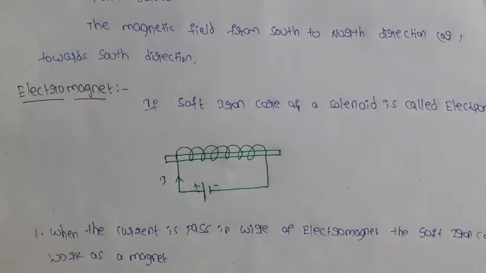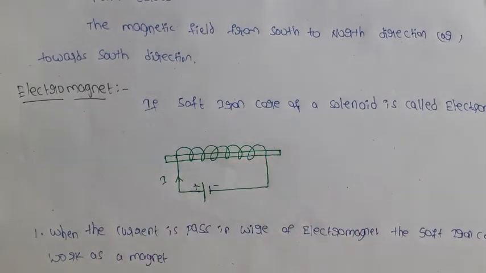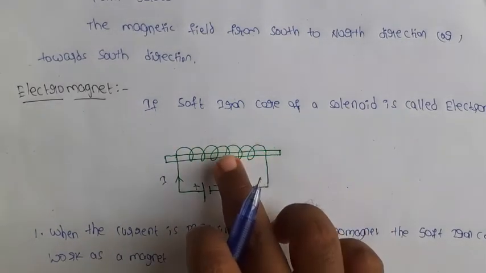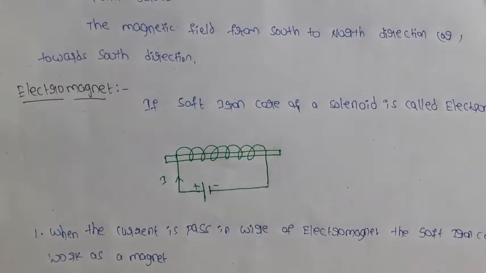This is the first point in electromagnet. When current is passed in a wire, that means in the solenoid of an electromagnet, the soft iron rod present in the electromagnet behaves as a magnet. When current is passed in the wire, then only the soft iron rod behaves like a magnet.